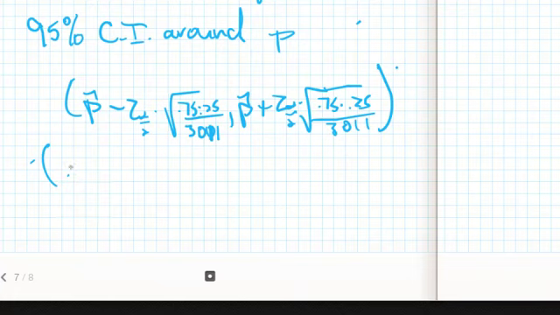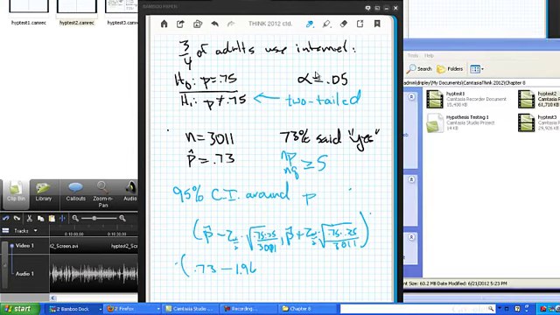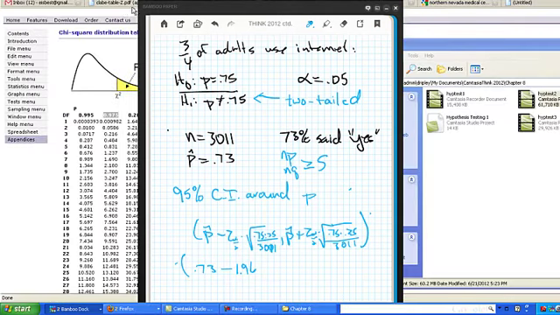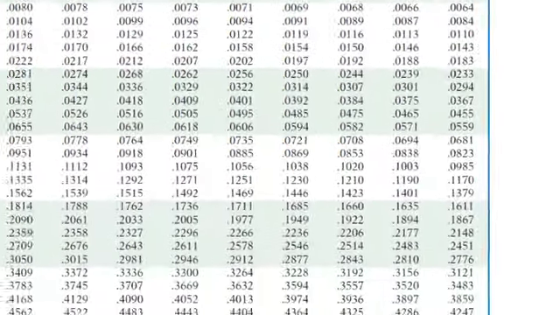I take P hat, which is 0.73, minus. Now, do you remember what the Z alpha over 2 was for a 95% confidence interval? Well, that was easy, right? It was 1.96. Let's make sure. Let's back up just in case. I want to get to my Z table and I want 0.025.